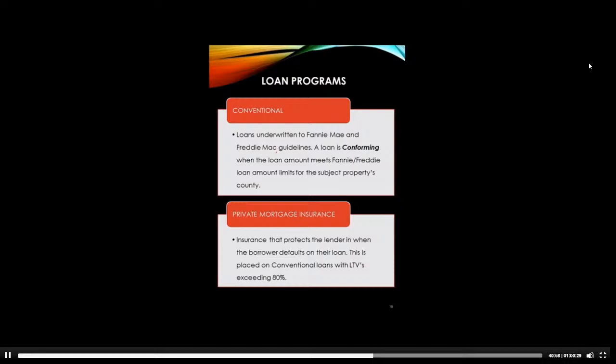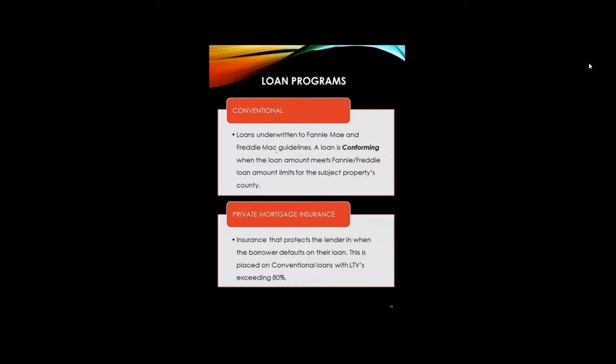Okay, so private mortgage insurance is not insurance that helps the borrower, unlike regular homeowner insurance. Regular homeowner insurance, if something happens, let's say a tornado happens and the house gets destroyed, homeowner insurance covers the cost of rebuilding and gets that person back to where the house was originally.